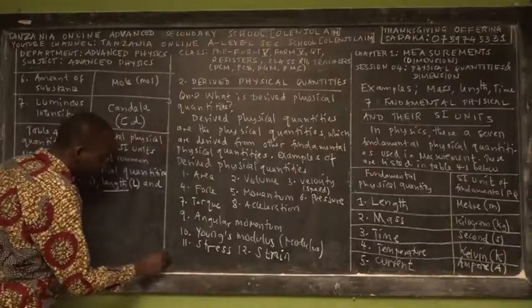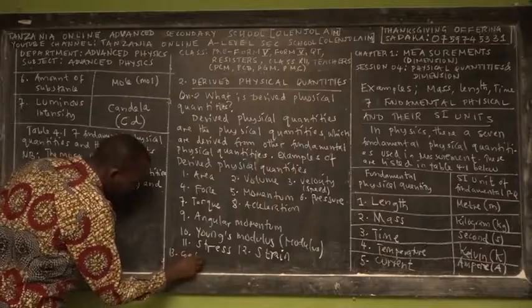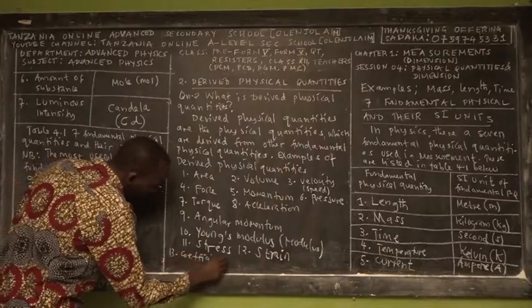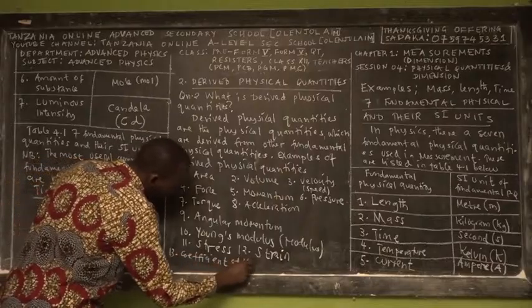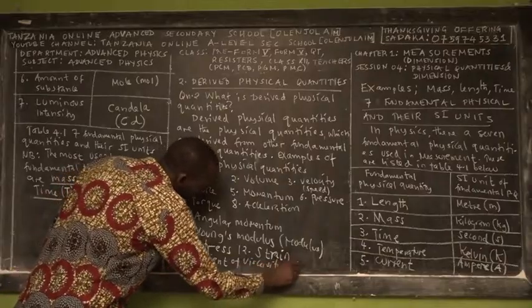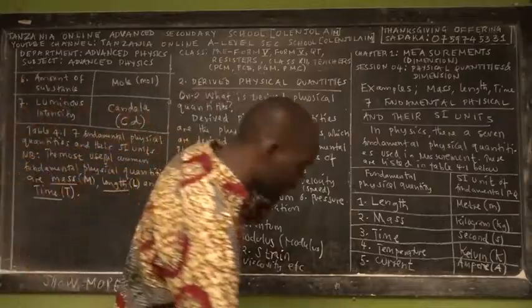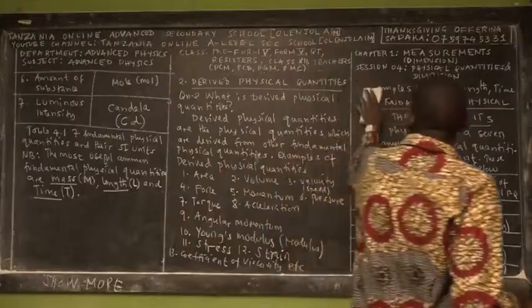That's the twelfth. But the thirteenth is the coefficient of viscosity, and so on. So I've mentioned 13 examples of derived physical quantities.